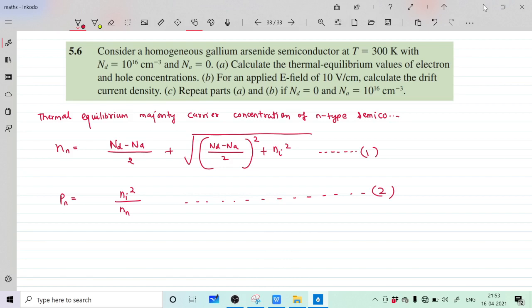So now we will calculate Nn. This is equal to, for the first case, (10 to the 16 minus 0) by 2 plus the root of ((10 to the 16 minus 0) by 2) whole square plus Ni square, where Ni is 1.8 into 10 raised to 6.